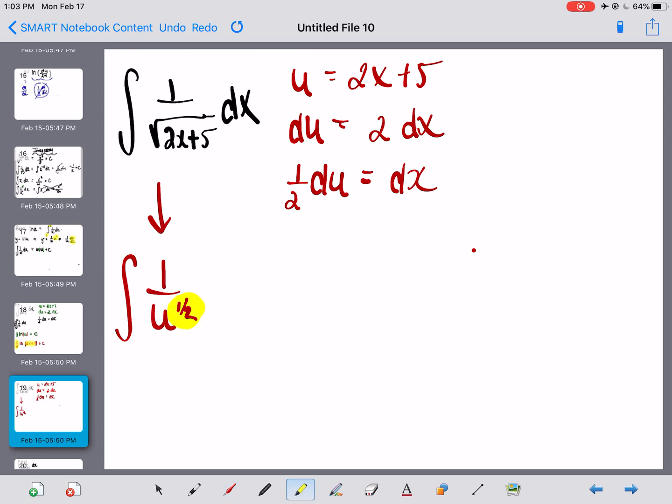Notice, the power is not 1. Natural logs don't apply here. You would do this regularly by rewriting it as, and I should have a du there, u to the negative 1/2 du, and go from there. This is not natural log. The exponent was not 1.